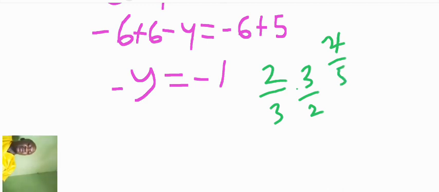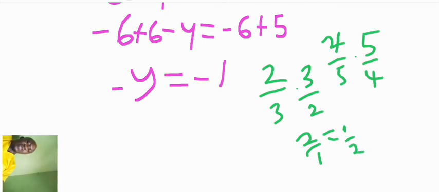We just flip the fraction. That is 5/4. If I have 2 and I ask you to find its multiplicative inverse, every number is over 1, so 2 can be written as 2 divided by 1. And its multiplicative inverse will be 1/2. We just flip the fraction. So you take two numbers, when you multiply them, you get 1. Then those two numbers are the multiplicative inverses of each other.